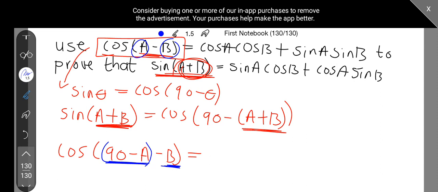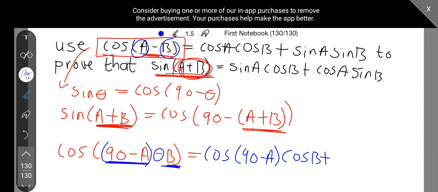So we're going to say the cosine of, because we take 90 − A as our A, cos(90 − A), then we multiply by the cosine of B, that is times cos B. And the sign that is here, because this identity says cos, the sign that is here must be different from the sign that is here.